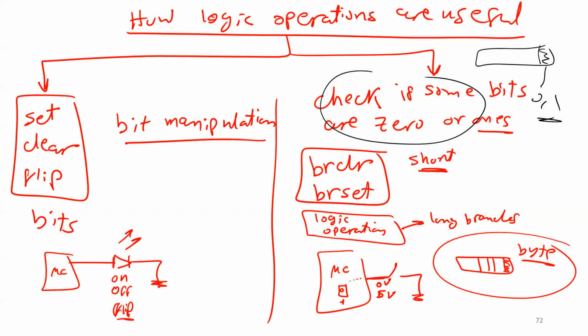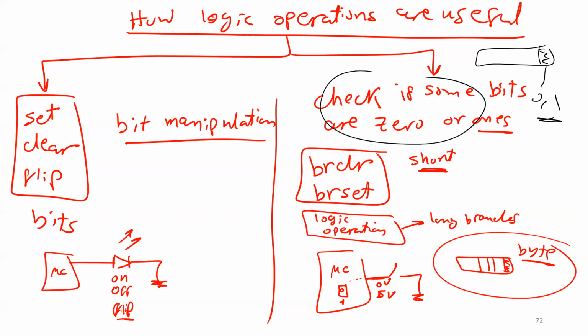For example, these are switches, and the switches are connected to port H. If you want to know whether this switch is connected or not, to do some action, for example, if the switch is connected, run the alarm, I need to check first. If it's connected, I'm going to do something. If it's disconnected, I'm going to do something else. So I need to check.